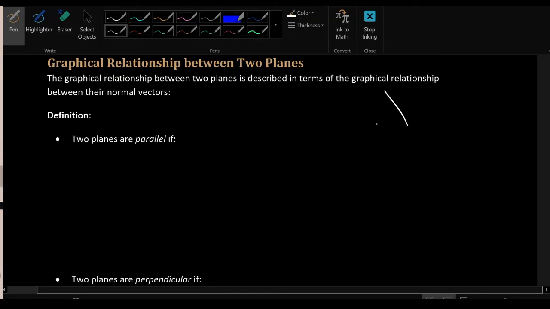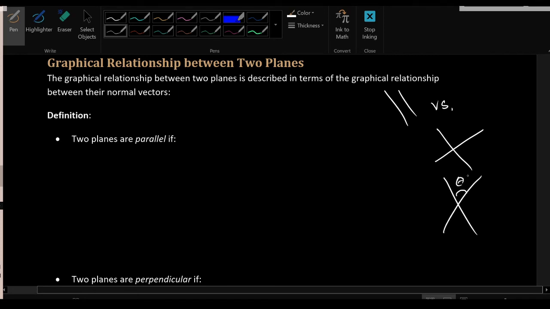Potentially their positions were different, but their overall orientation was the same. We had a word to describe when two lines intersected at right angles. In that case, we said the lines were perpendicular. And we also had this term, the angle between two lines, to describe the graphical relationship between two lines in space.